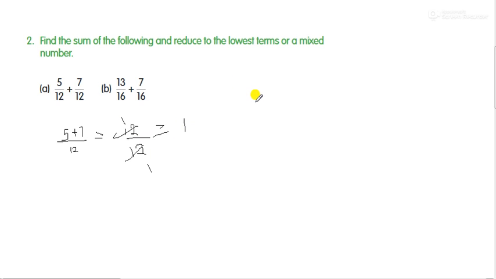Next the B bit is 13 by 16 plus 7 by 16. So the LCM is 16. Next 13 plus 7 is 20 by 16.